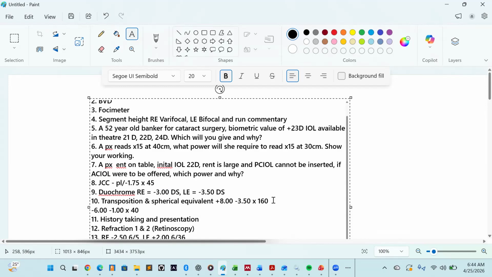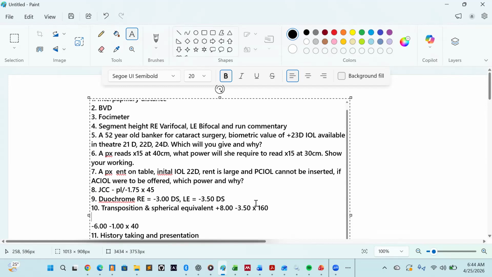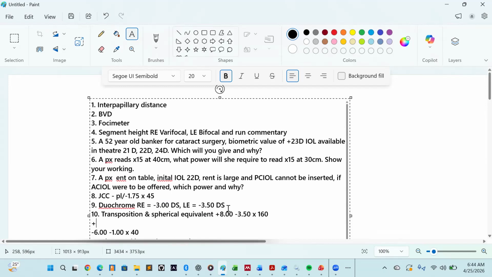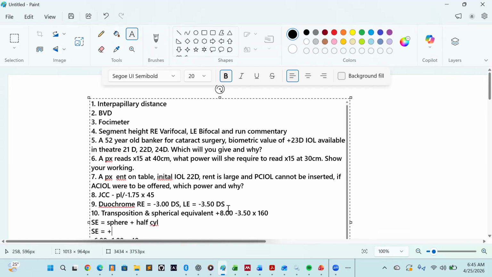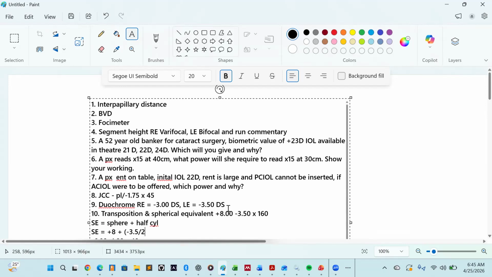Okay, let me just check. The spherical equivalent of this will be plus 8. Spherical equivalent is equal to the sphere plus half the algebraic sum of the cylinder. For the algebraic sum you have to retain the sign all the time. Plus 8 plus minus 3.5 divided by 2.